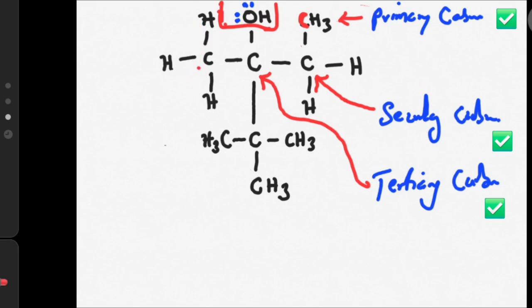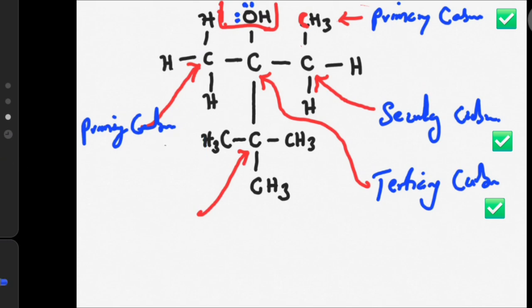Now let's look closely again to check what the degrees of all the carbons are. This carbon, I believe you already know, is directly attached only to this carbon. So just 1 carbon attached to it makes it a primary carbon. Can you see? Now finally, let's look at this carbon. What kind of carbon is this?